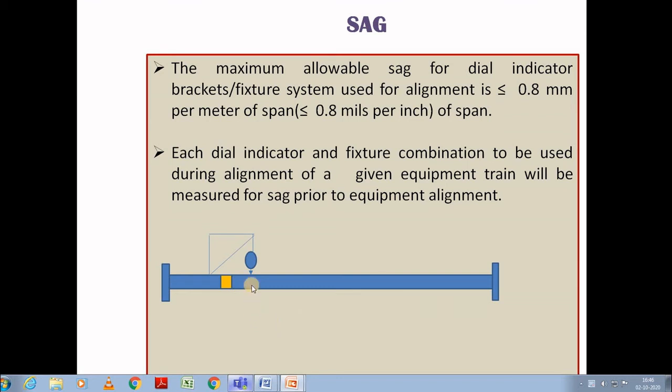Whatever reading we get when the bracket comes downwards is called the sag reading. It should always be minus, and this reading should be incorporated in the alignment reading. The maximum permissible sag for each bracket should be less than 0.8 millimeter per meter of span, or less than 0.8 mils per inch of span.